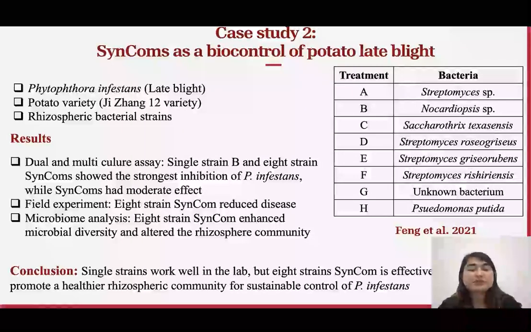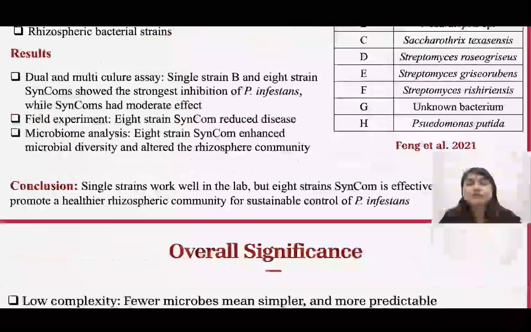In the field experiment and the microbiome analysis, the 8-strain SynCom reduced the disease and exhibited higher overall microbial diversity and altered community structures, suggesting that SynComs not only fight the pathogens but also reshape the soil microbiome in a more resilient and disease-suppressive direction.